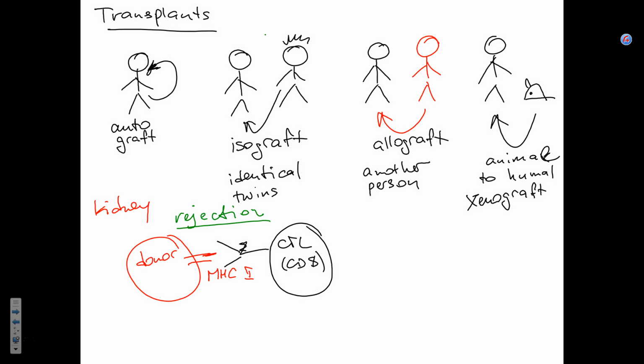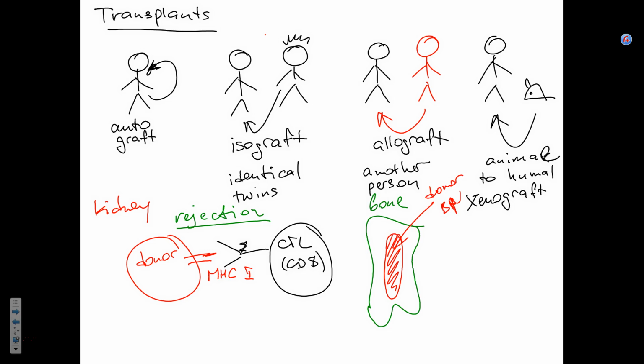Red blood cells, white blood cells. So far, so good. So this is the recipient. That's bone. It's not a tooth. That's a bone. And here we got the donor bone marrow, okay, which then produces white blood cells.